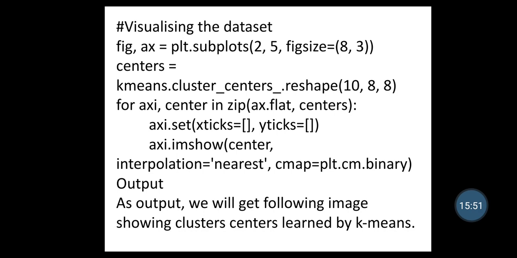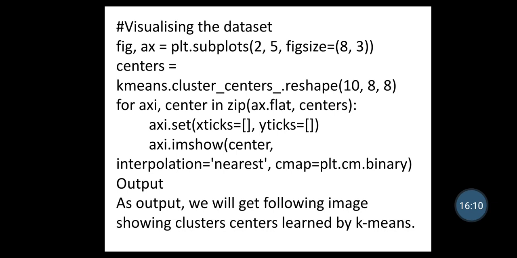So I use a for loop, and in the for loop I am defining the variables axi and center in zip(ax.flat, centers), and as per the syntax I close the bracket and put the colon and define the statements.